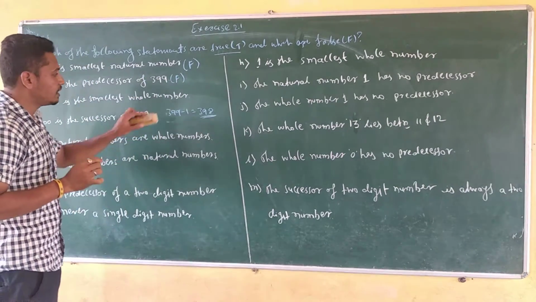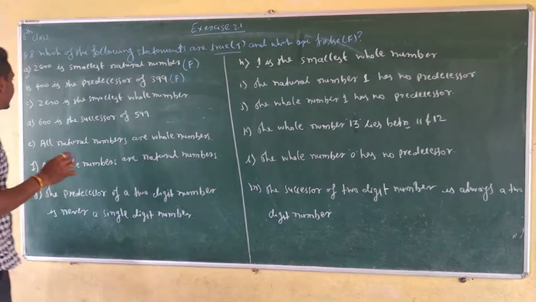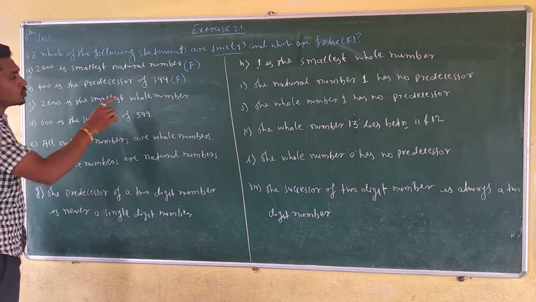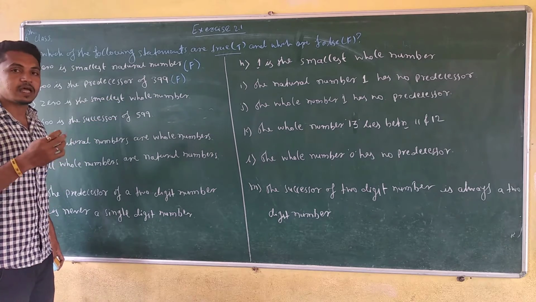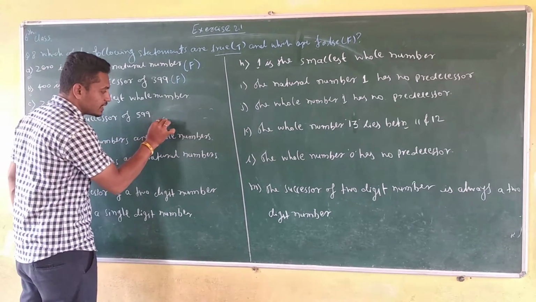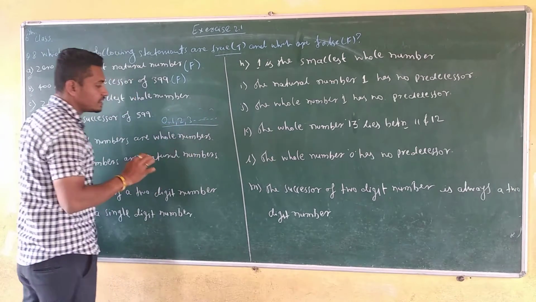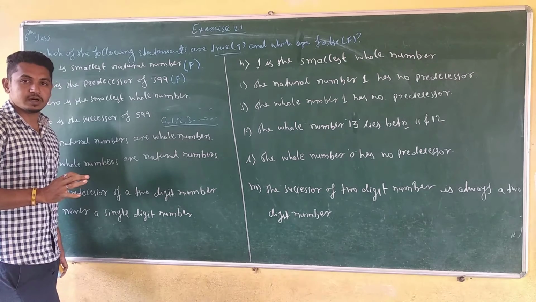Is it right? Next question: 0 is the smallest whole number. Then what are the whole numbers here? Starting from 0, 1, 2, 3, and so on. These all are the whole numbers.